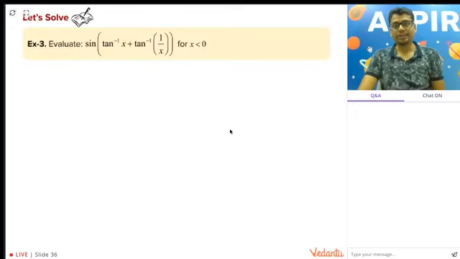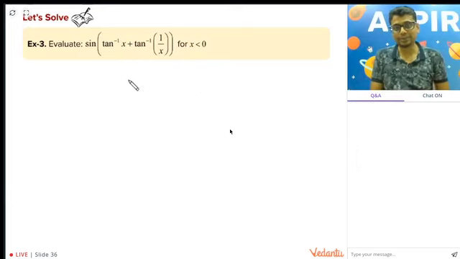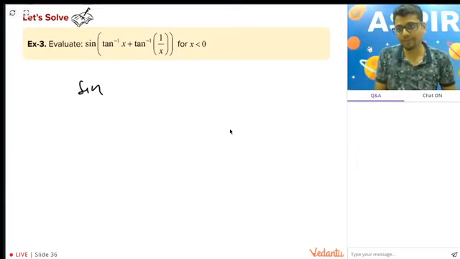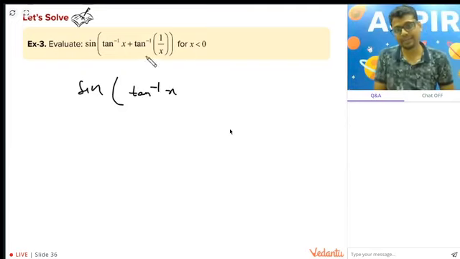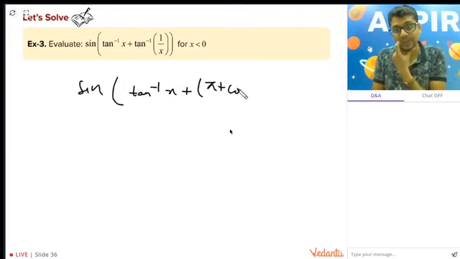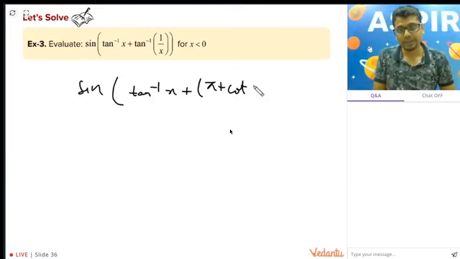All right. So let's do this. Everyone, please pay attention here. Now x is less than 0, right? So I can write, tan inverse 1 by x will be what? It will be pi plus cot inverse x.